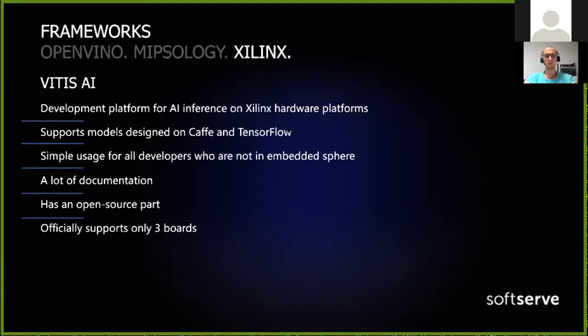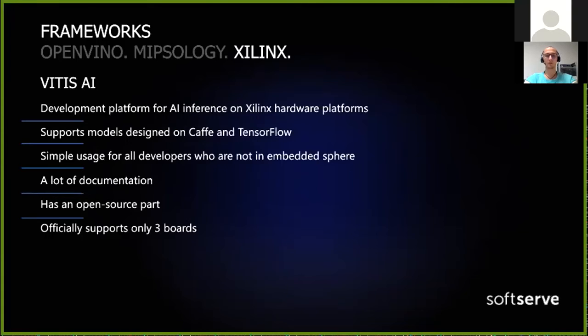So I don't write this in the presentation. And also they say that the usage is very simple for all developers who are not in embedded spheres. So you need to just add something.